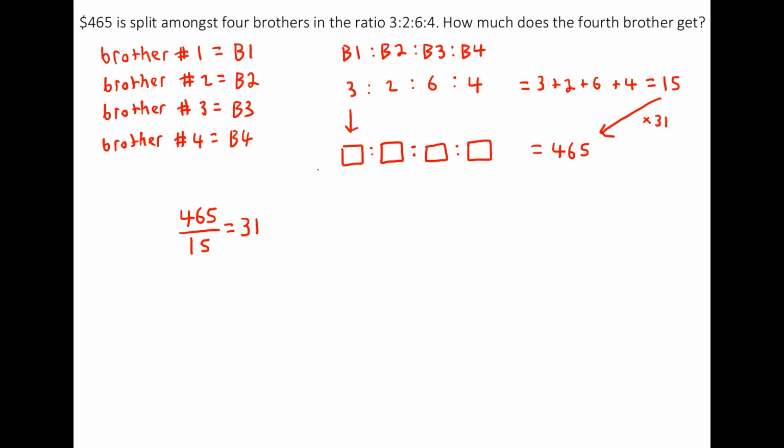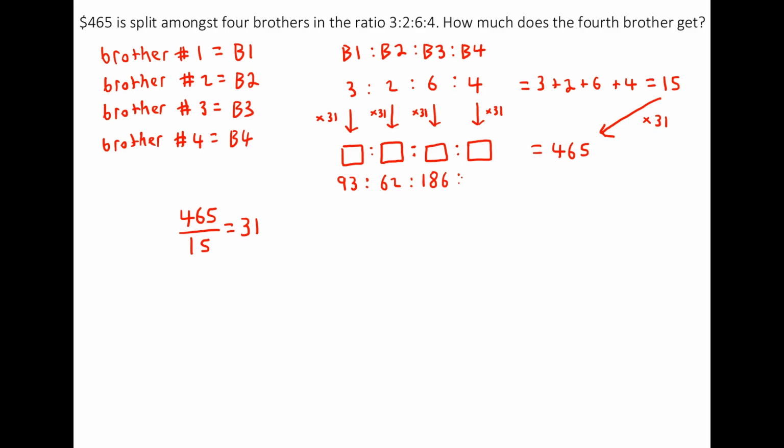But now that I found that, that means I can simply multiply every ratio I have here by 31 to get to my final answer. So if I multiply by 31, which number? Well, 3 times 31 is going to be 93. 2 times 31 is going to be 62. 6 times 31 is going to be 186.